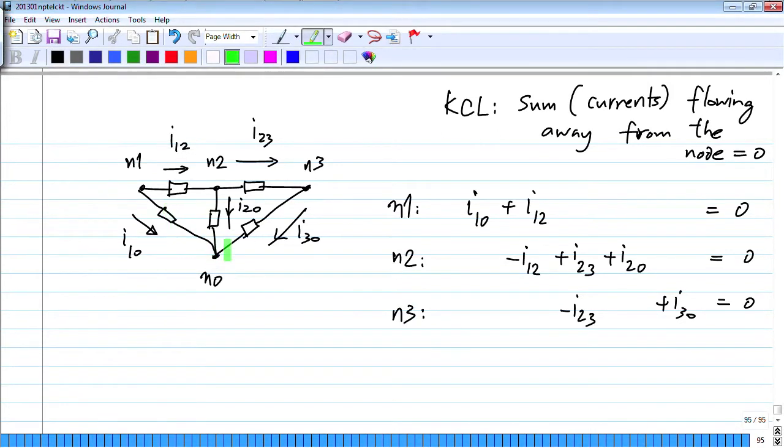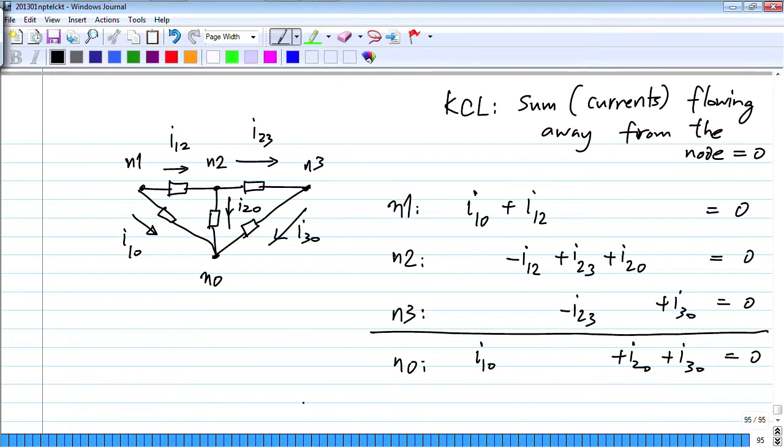And finally at node N0 we will have I10 plus I20 plus I30 equals 0. So at 4 nodes I have written the 4 equations, but you see that, let me sum the first 3, the equations resulting at N1, N2 and N3.